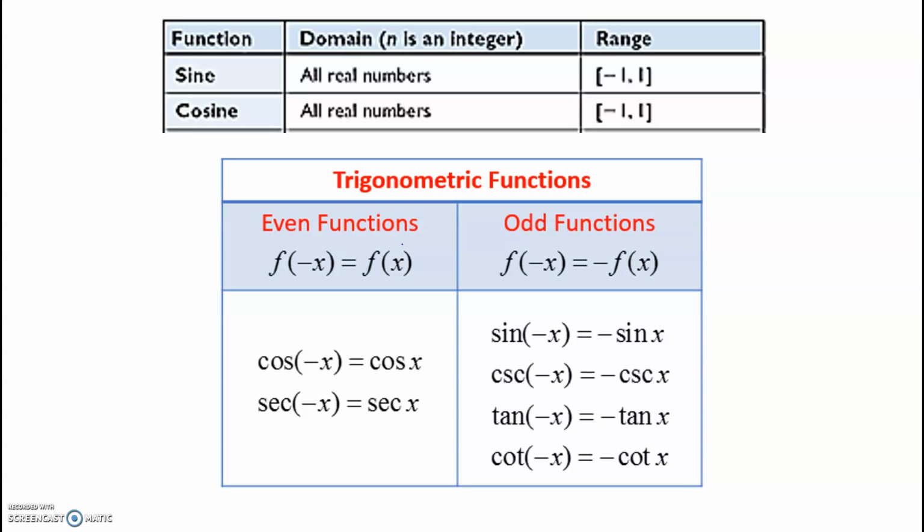This talks about the actual domain and range. Understand you can take the sine and cosine of anything. So your domain, your x values, is all real numbers, right? Negative infinity to positive infinity, all real numbers. But your range, think about the values you get out.